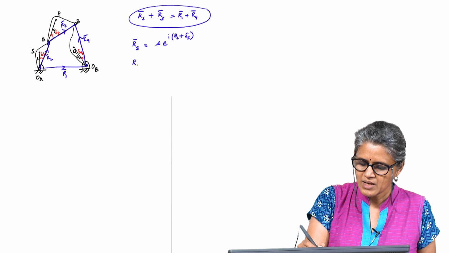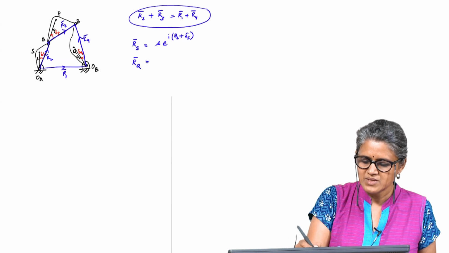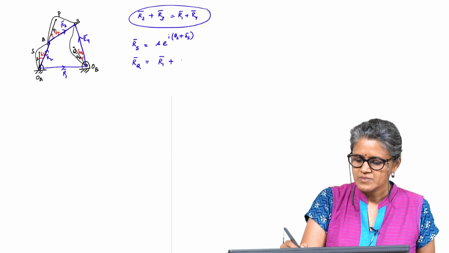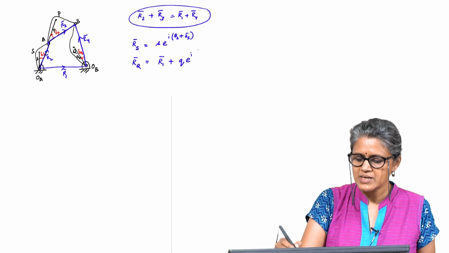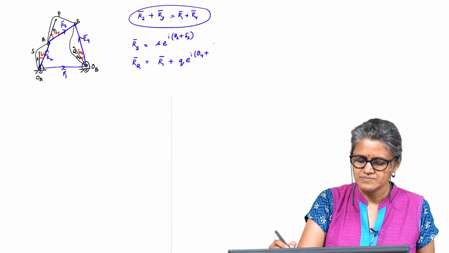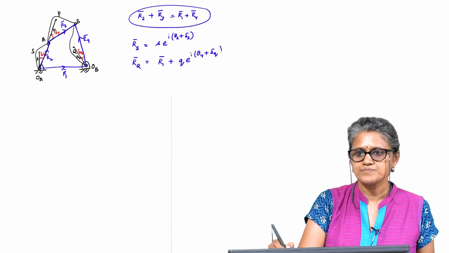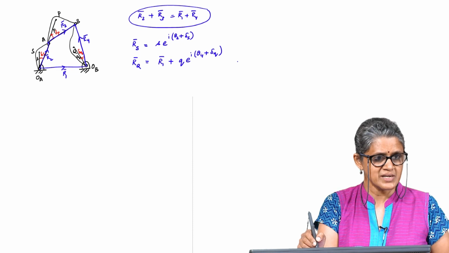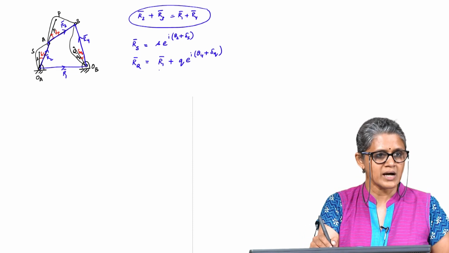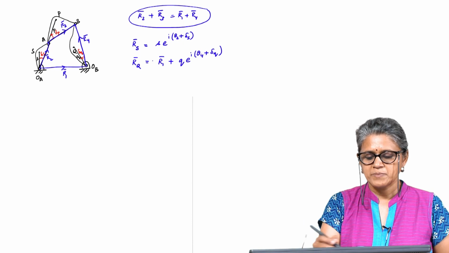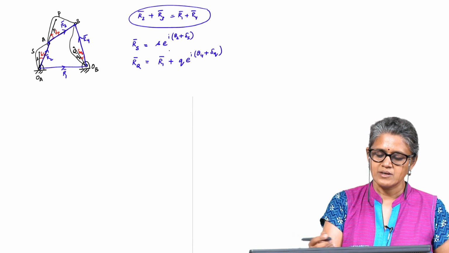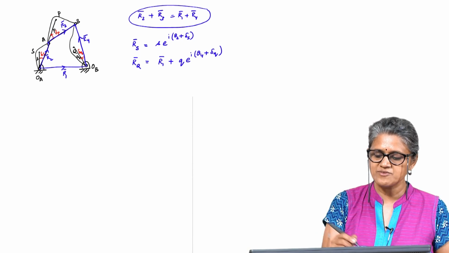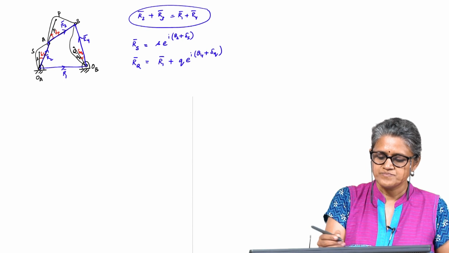Similarly, RQ is R1 plus q e power I of theta 4 plus delta q. So, any point on the rocker can be determined in this fashion, because I know r1 and depending on the distance from OB and the orientation of the line connecting OB to that point, I can find this.